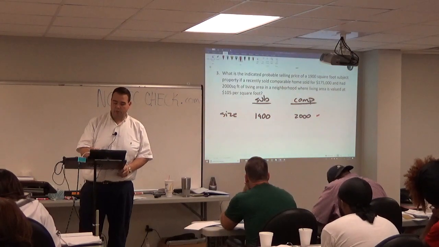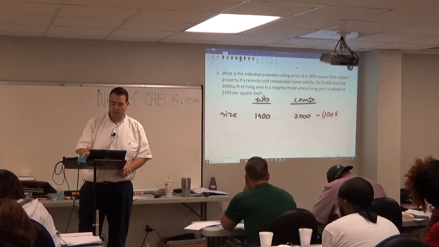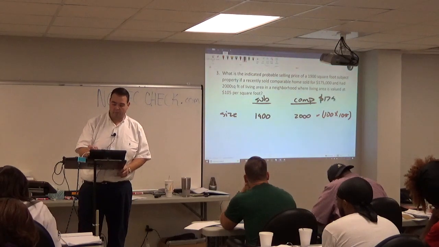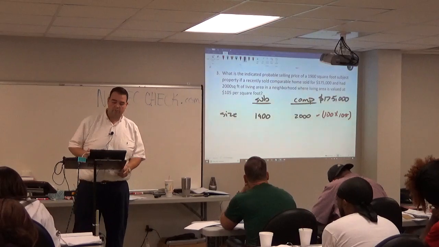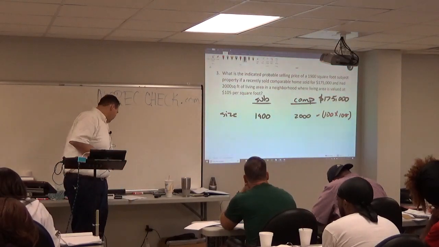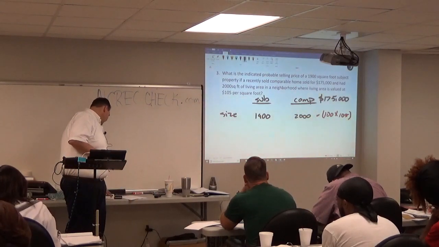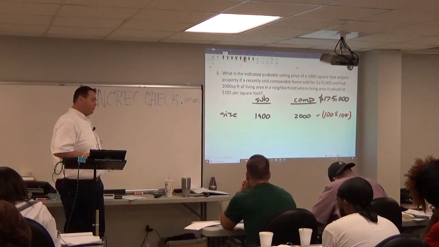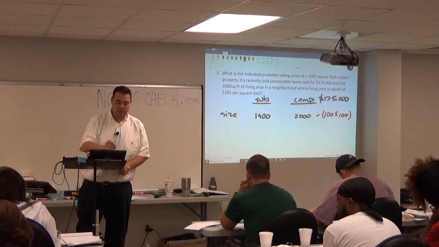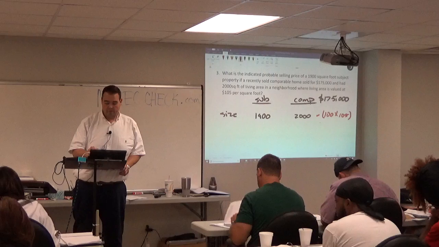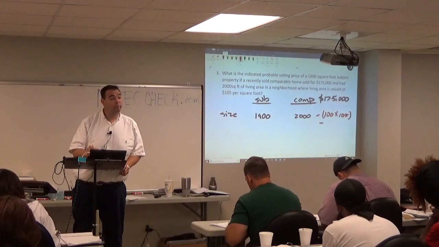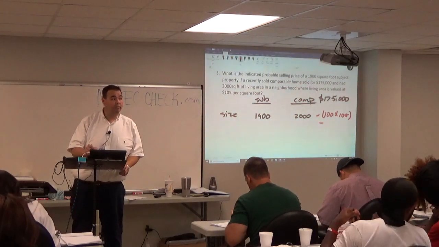And it's minus how many square feet? 100 times, how much? 105. Okay. And I did forget to write down my sales price, my comp up here at the top is $175,000. New starting point. $10,500 negative. Everybody okay with that? I'm sorry? Is everybody okay with minus 10,500?